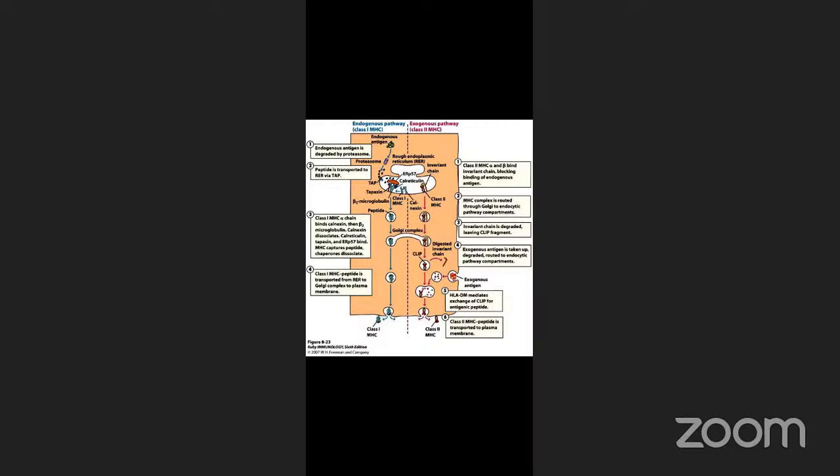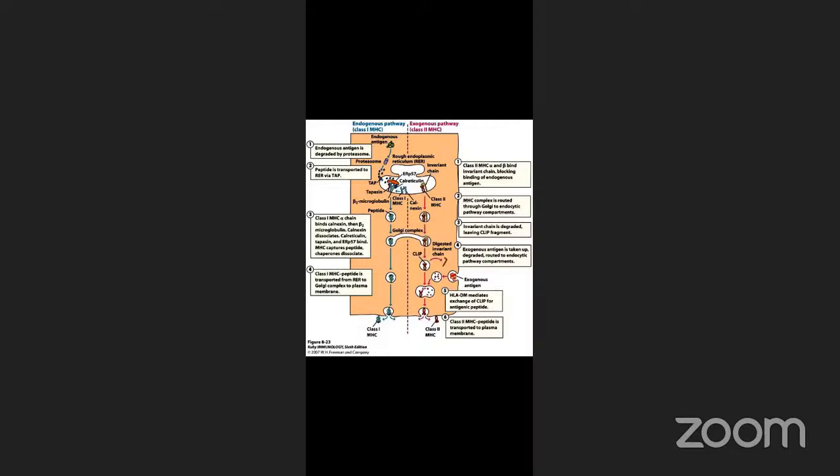Coming to the exogenous pathway. Before the exogenous antigen enters, the CLIP is in inactivated form. CLIP covers the attachment site of the antigen. After the antigen enters the cell, this CLIP will be digested, and HLA-DM mediates exchange of the CLIP for the antigen peptide.